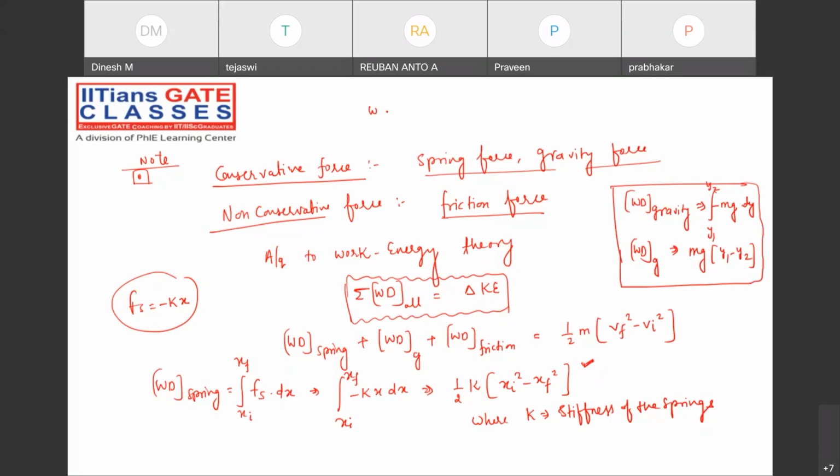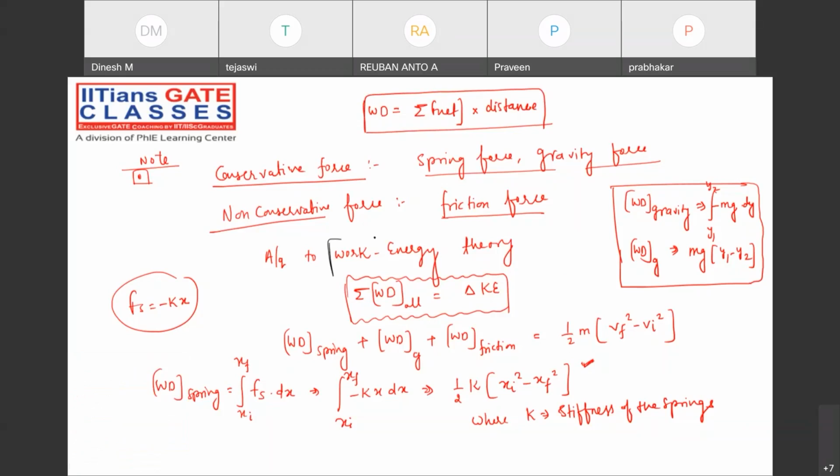In fact, sometimes we call work done the net force in the direction of motion into distance. This is the exact formula, my dear friend. The net force into distance, that is what the total work done we have. Understanding, all of you? This is the most generalized way I'm discussing right now. The work energy theorem is a very, very important theorem.